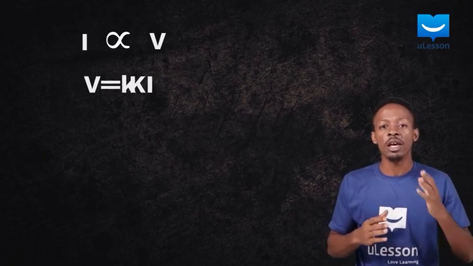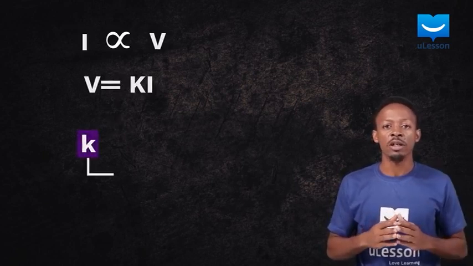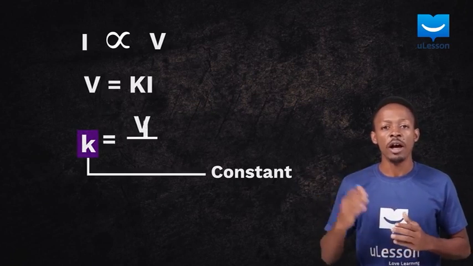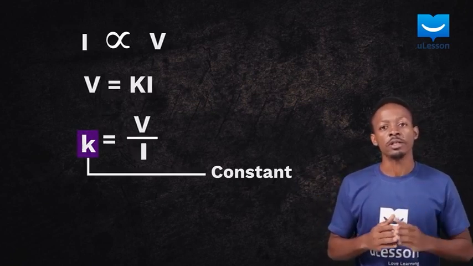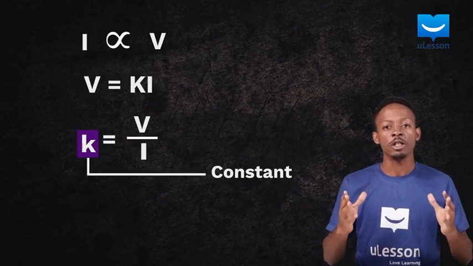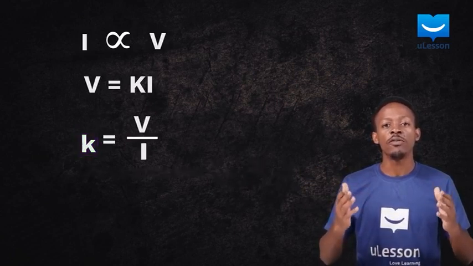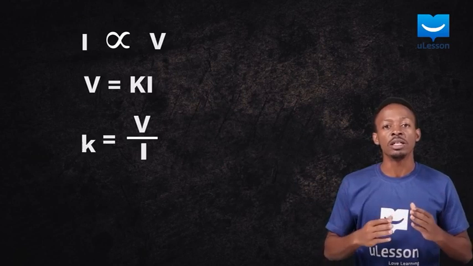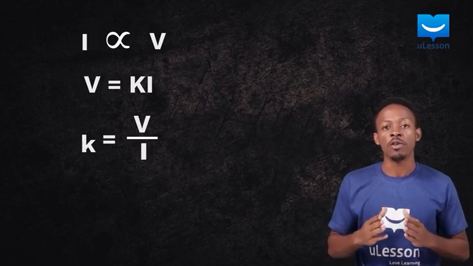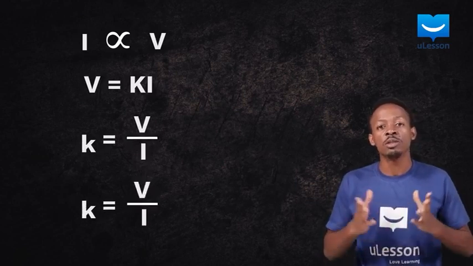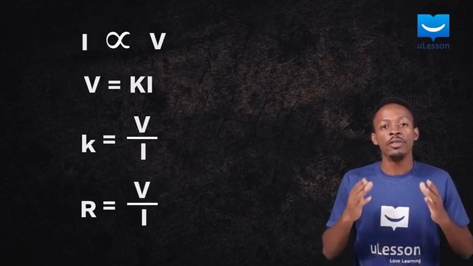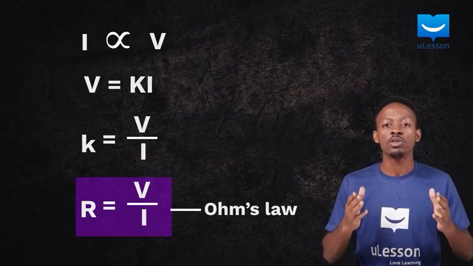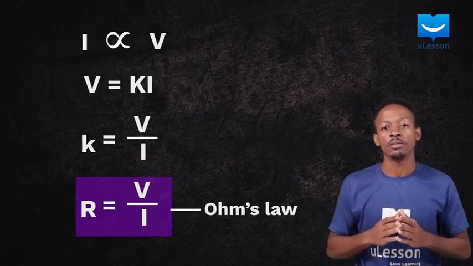Now, if we make K the subject of the formula, we now have K equal to V over I. This constant is a measure of how much the conductor opposes the flow of current, and it is known as resistance, represented as R. Therefore, our constant K now becomes R. This is the formula for resistance, and this formula also represents Ohm's law.